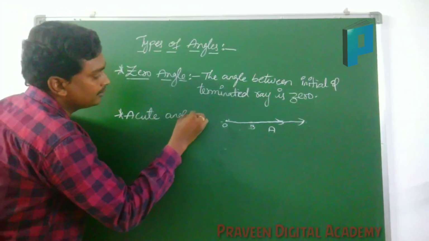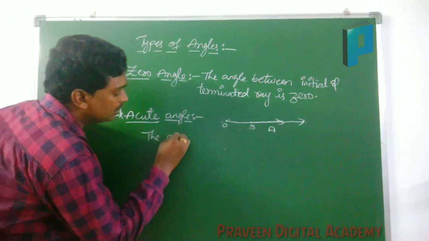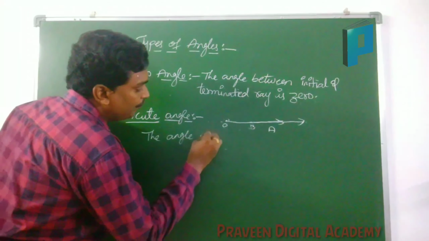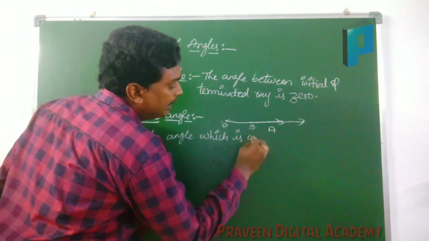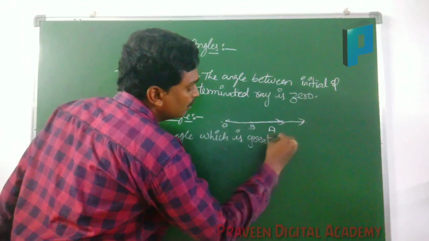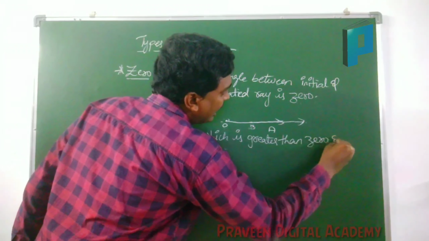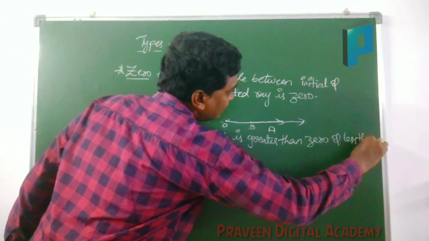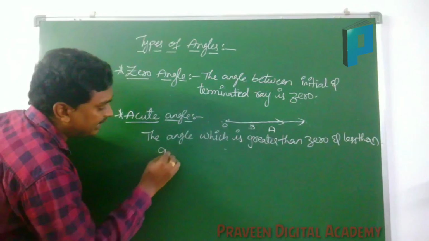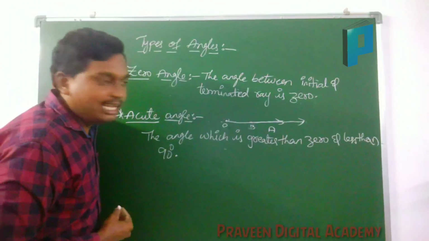Next, acute angle. The angle which is greater than 0 and less than 90 degrees is called acute angle.